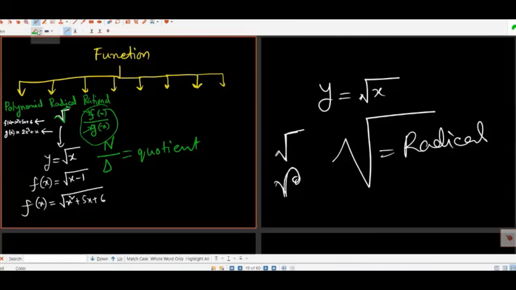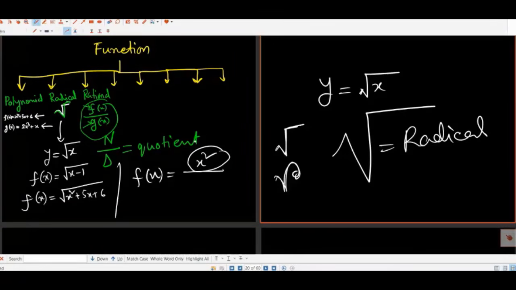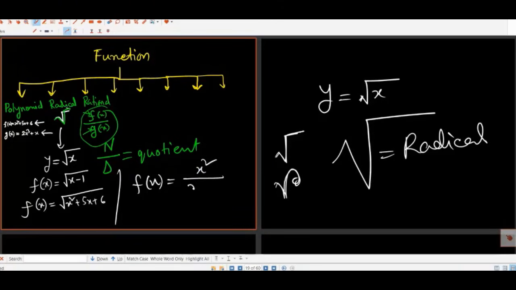For example, suppose we have f of x equal to x squared over x negative 1. The top part is one polynomial function and the bottom part is another. So we have two functions, the numerator and the denominator.